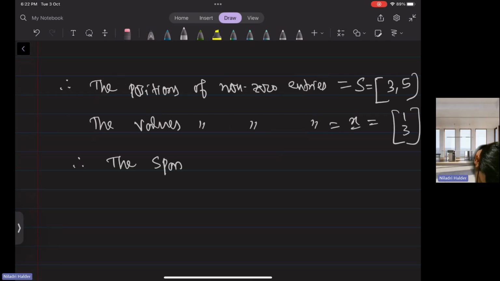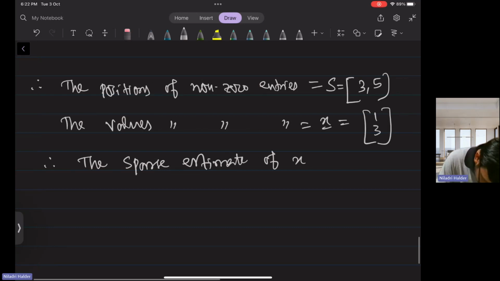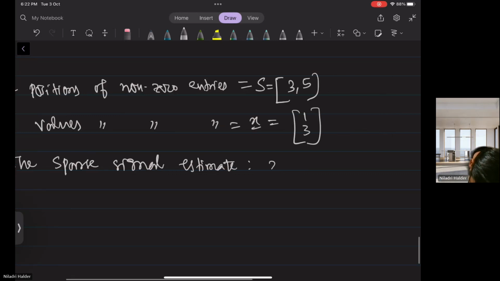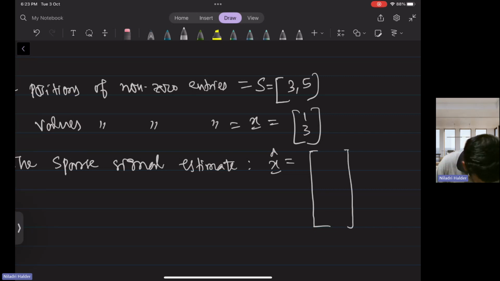So the sparse estimate x, the sparse signal recovery. The sparse signal estimate: only out of 6 positions, only third and fifth positions are non-zero, and everywhere else it's 0.